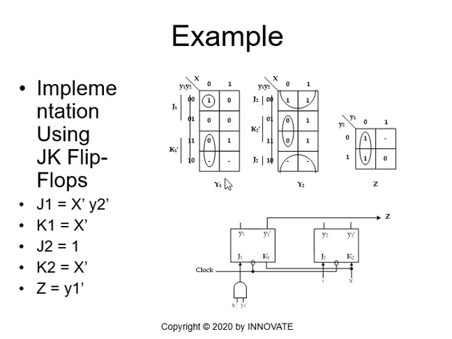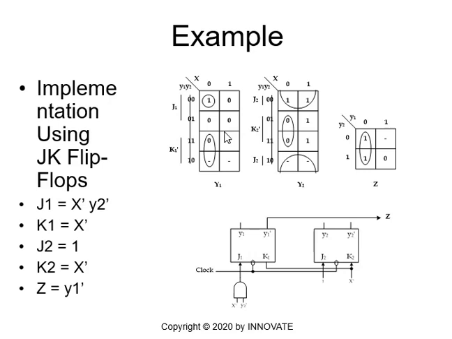The upper side of the map is for finding J1, where Y1 equals 0. In this map I have only one 1, I simplify it, and I get J1 equals X prime Y2 prime.